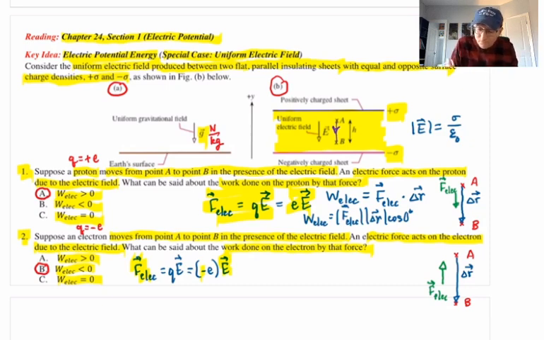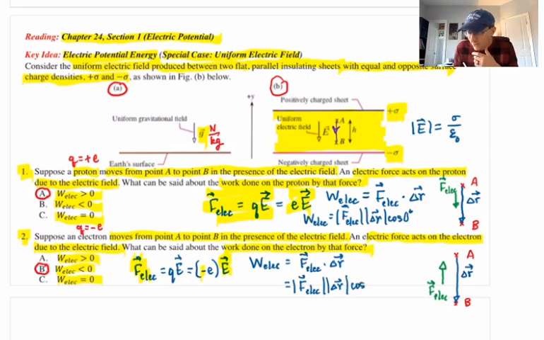Why? Start with W electric equals F electric dot delta R. And now use the property of the dot product. Magnitude F electric, magnitude delta R, cosine of the angle between F electric and delta R. F electric points up, delta R points down.